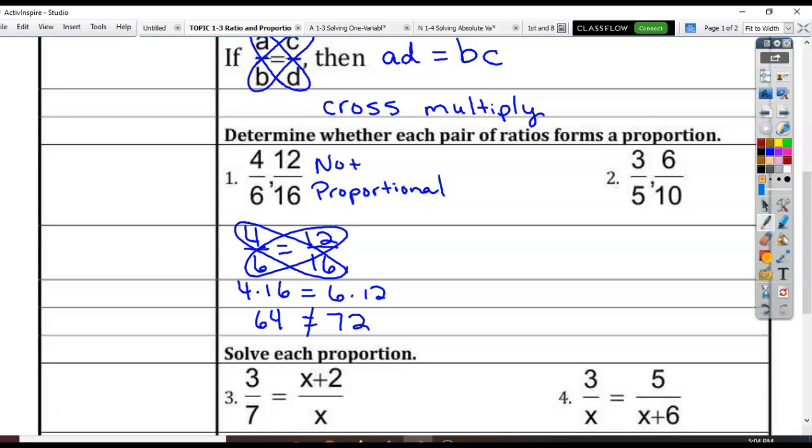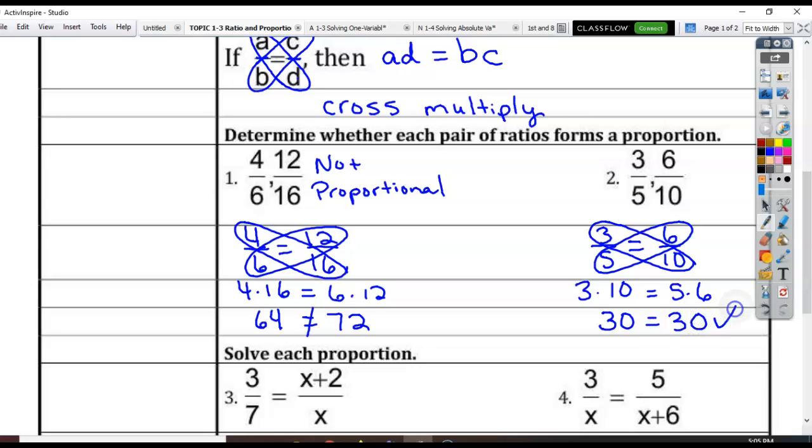Okay, now let's come over here and look at number 2. We've got 3/5, set it equal to 6/10. Cross multiply, so you have 3 times 10 is equal to 5 times 6. 3 times 10 is 30. 5 times 6 is 30. That is correct.